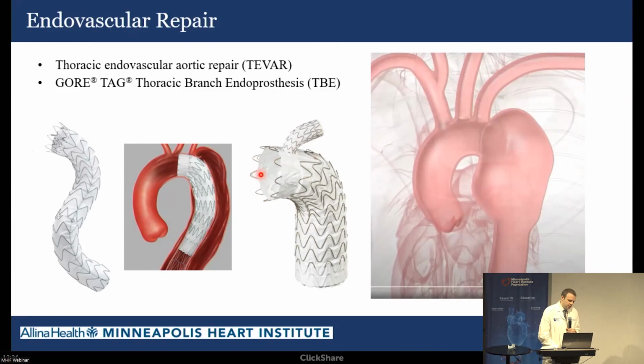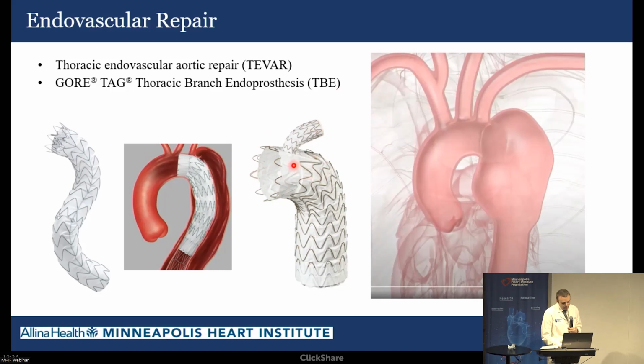When it starts to encroach on the left subclavian artery, options include either a surgical revascularization of the left subclavian artery, or the bypass or transposition of the left subclavian artery, or this newer device, which got FDA approval in May of last year, the Gore thoracic branch endoprosthesis.